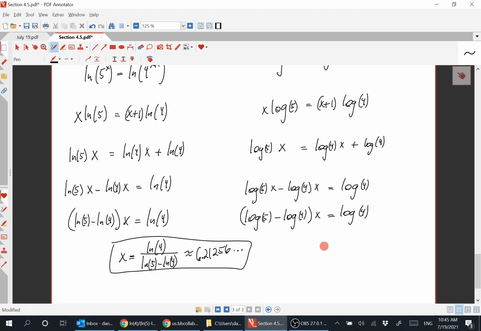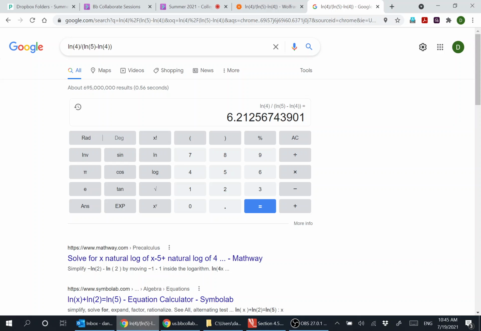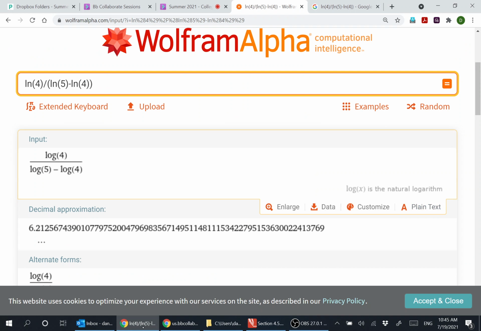And then divide by log 5 minus log 4. Like that. And you can stick that in your calculator and you'll see that you get the exact same answer. Well, actually, in Wolfram Alpha, they did it with log base 10, I think. Oh, log x is the natural logarithm. Oh, that's weird. Why would they use that?